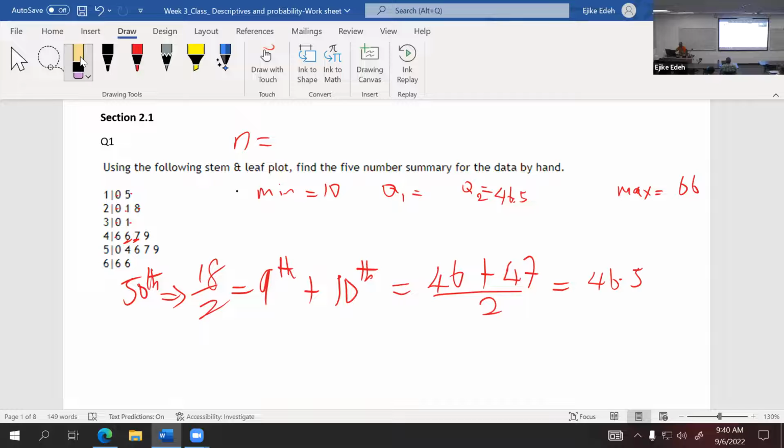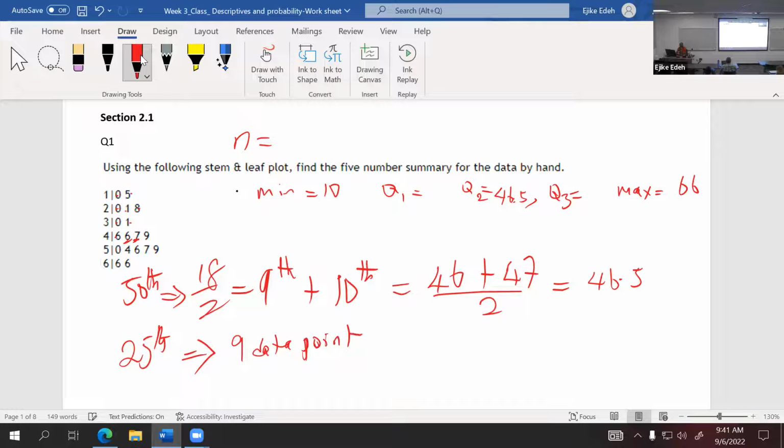Any person? Let me move this a little. So to get Q1, right? Q1 is the 25th percentile. Okay, so we said we could do this. I'm doing everything manually right now. Okay, we could do this by saying, okay, if I have 9 and 1/2, right? I could find the middle of that 9 data. So I have 9 data points on the lower half, right?